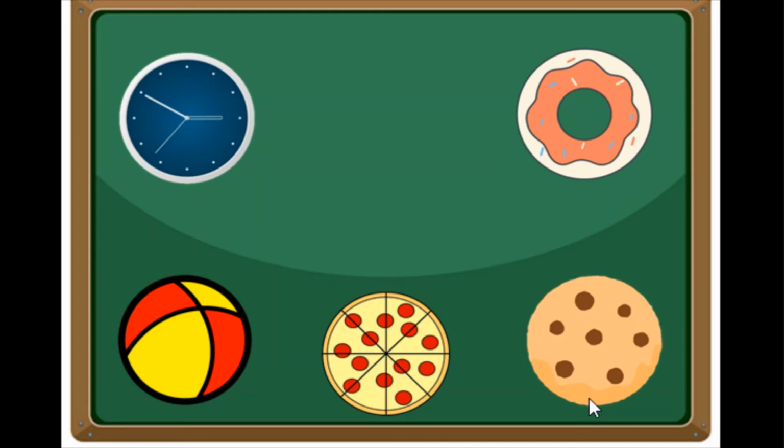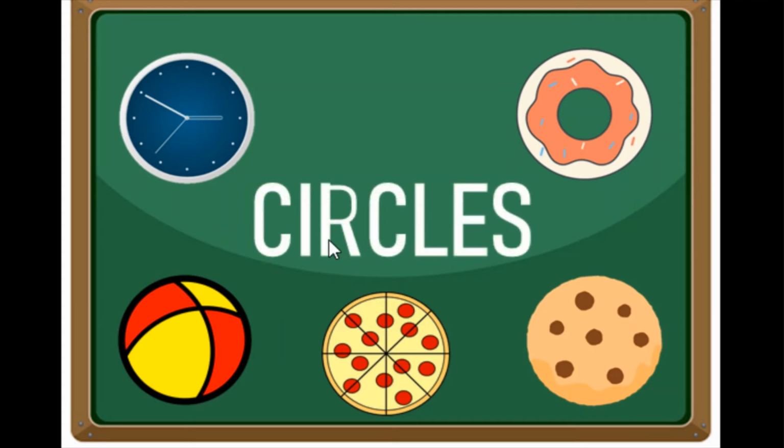Alright. The thing that is the same to all of these objects is that they're all in what shape? Okay, very good. They're all in a circle shape.